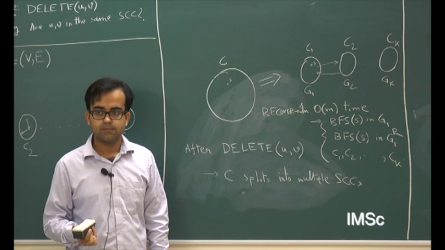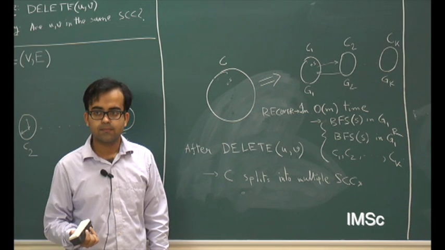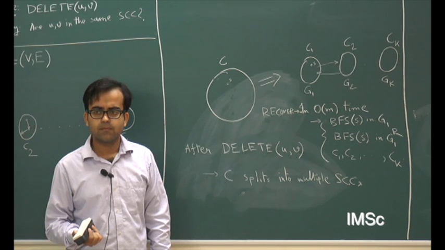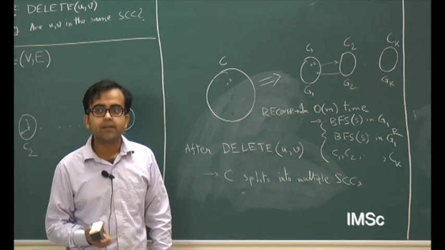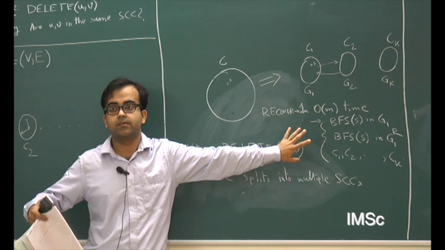For a sequence of updates in one particular component, if there are some x edge deletions in a particular component, can we say that the time is x times n or something? No, we cannot say that, but you have to look at the final total runtime.